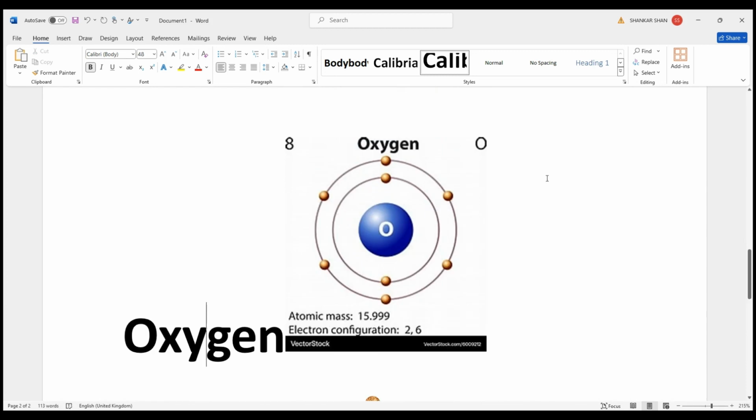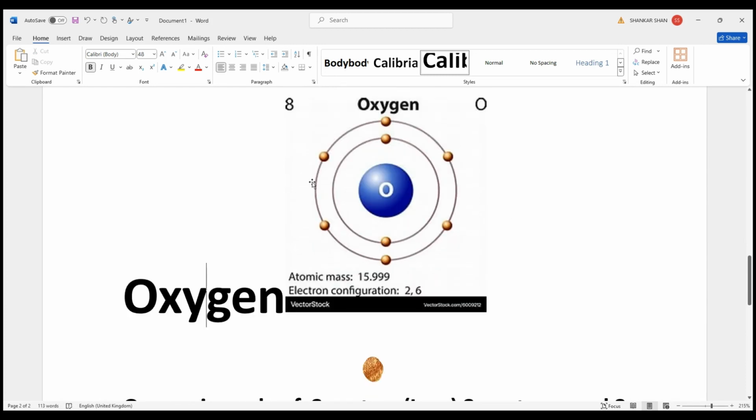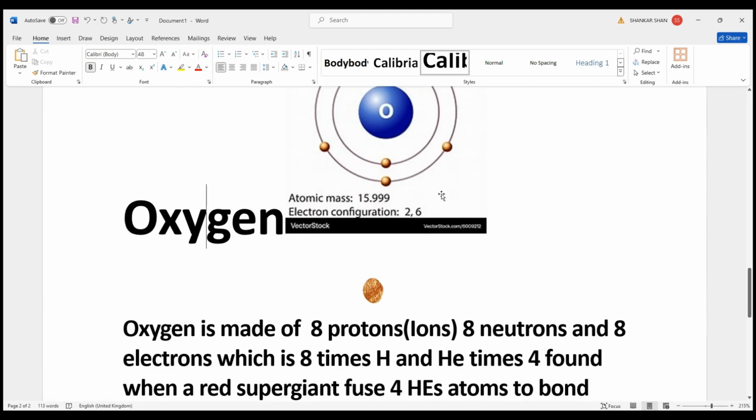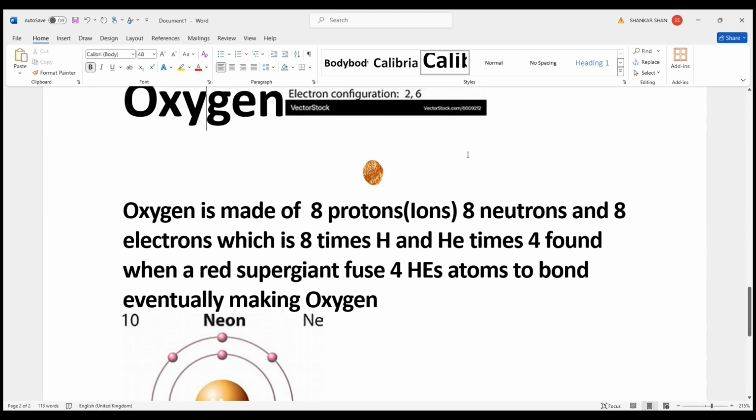Oxygen is also a type of atom, made of 2 electrons at the front and 6 electrons at the back of it. So it's basically having 2 orbits, one for 2 electrons and the other for 6 electrons. Together, that makes 8.